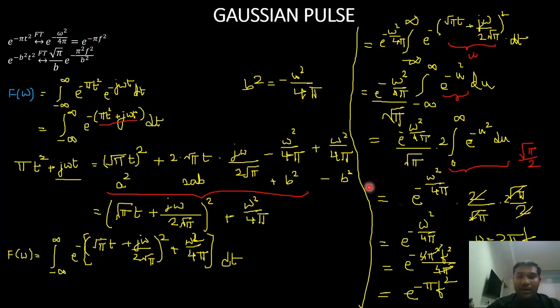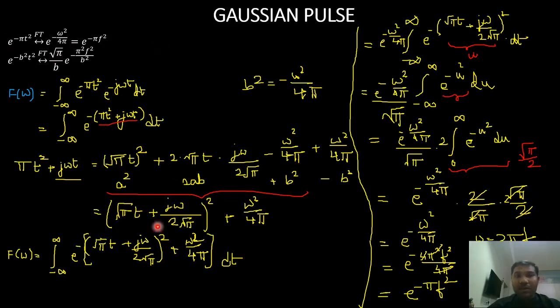If you look at this Fourier transform, e power minus pi f square, it is similar to my original time function e power minus pi t square. So if this is a Gaussian function, then the Fourier transform is also a Gaussian function. That is what we will conclude: the Fourier transform of a Gaussian pulse is also a Gaussian pulse, right?